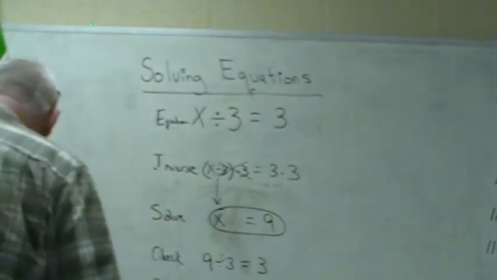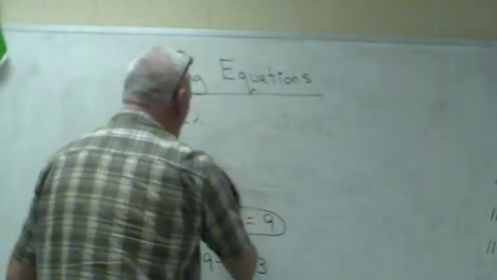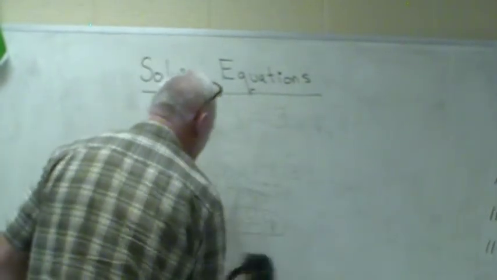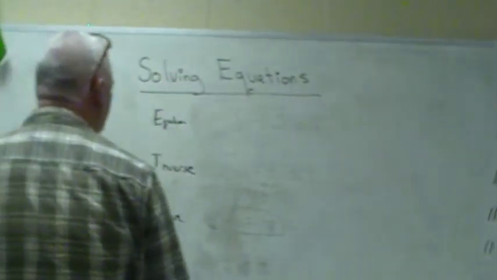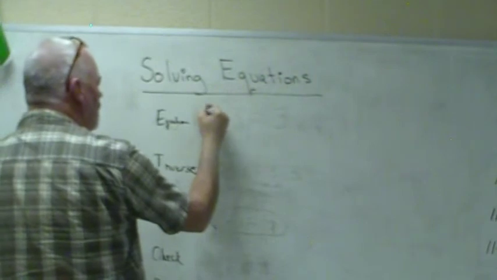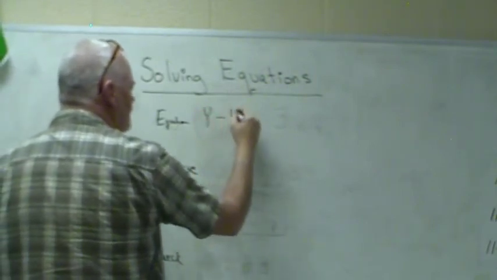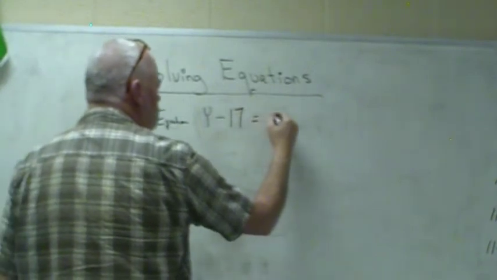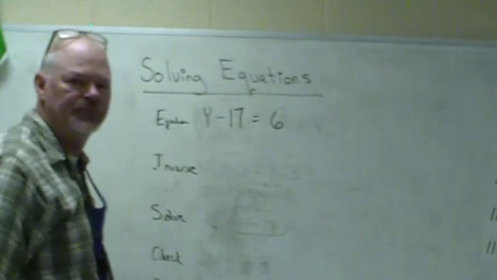One more real quick here. We will do one more. Let's start with an equation. Let's do something like, and we can have any letter, y minus 17 equals 6. All right?